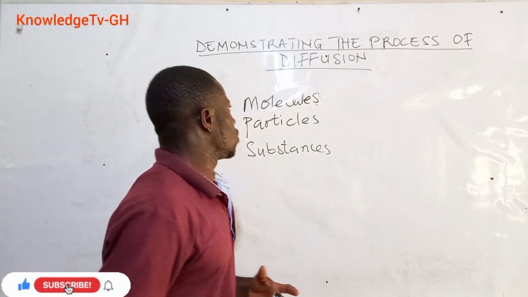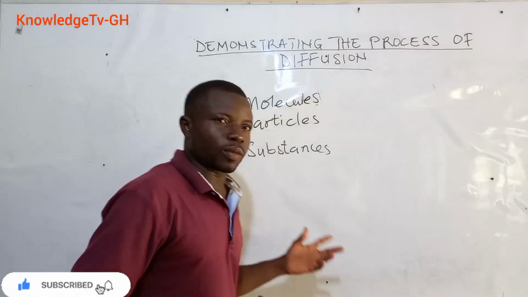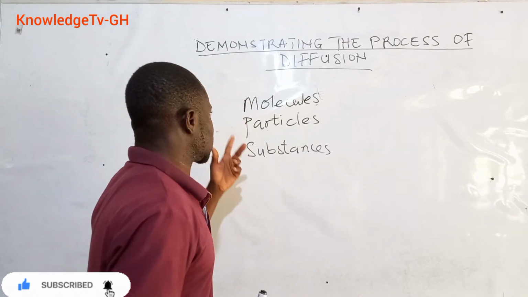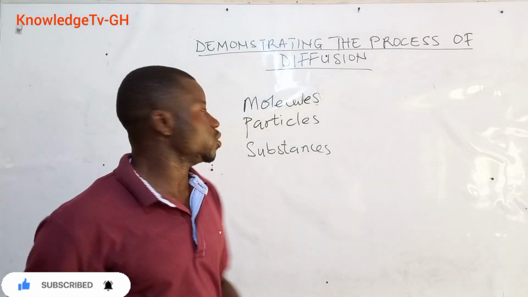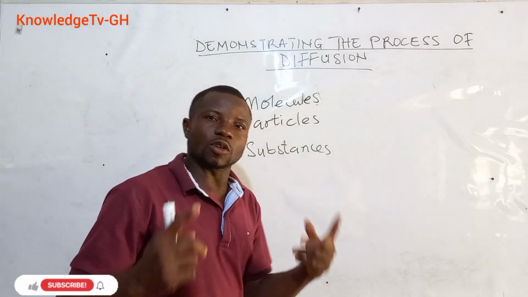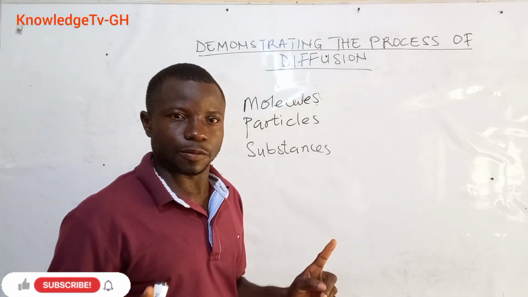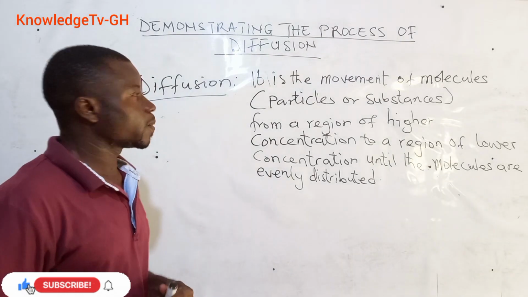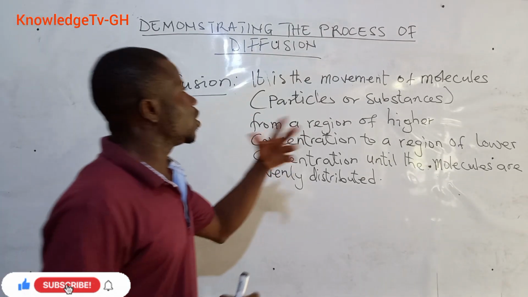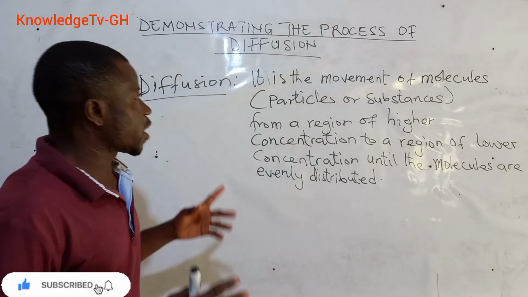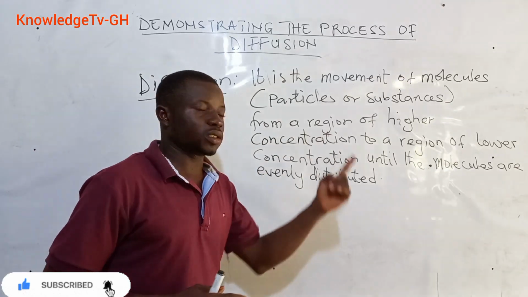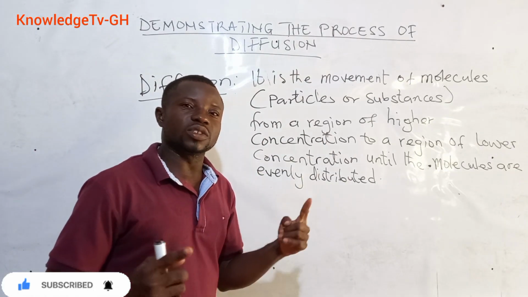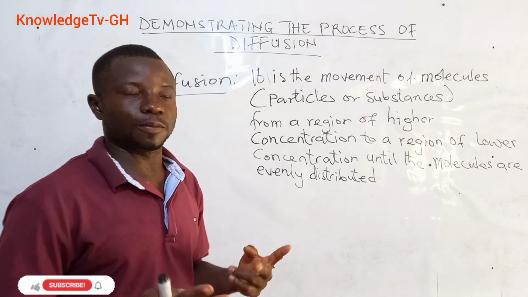When somebody uses molecule, another person will use particle, and somebody else will use substances; you're all talking about the same thing. So when we say diffusion, it is the movement of molecules (or particles or substances). Don't forget, we said you can use these three words interchangeably.